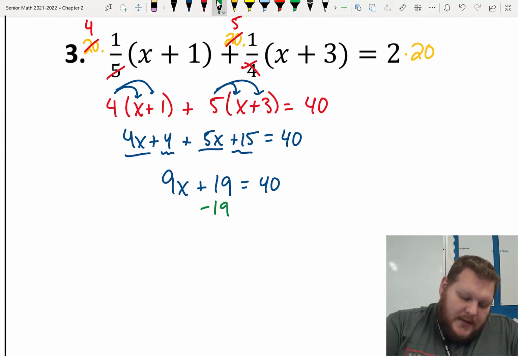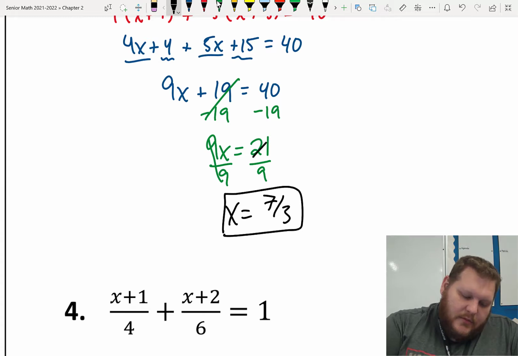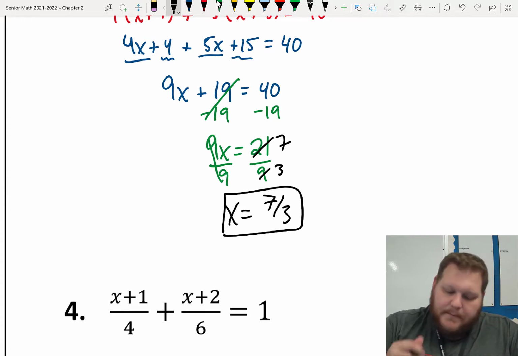So minus 19 on both sides. That gives me 9x equals 21. Divide by 9 on both sides. Depending on how you want to leave this, I would put this as 7 over 3, just reducing 21 and 9 by 3.